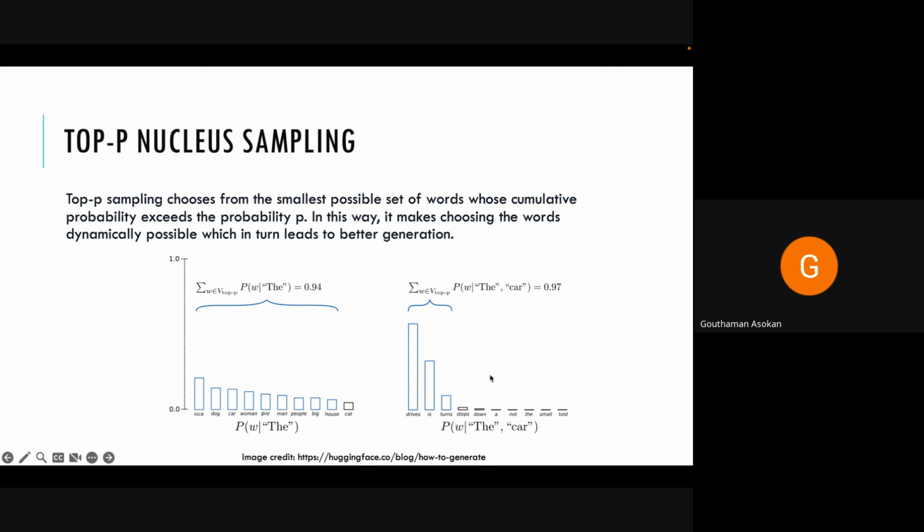Here too we use 0.92, but only the first three tokens are needed to pass it. So we only use these three tokens for the sampling. In this way, we dynamically select the number of tokens we choose from. So that's how top-P, which is nucleus sampling, works.